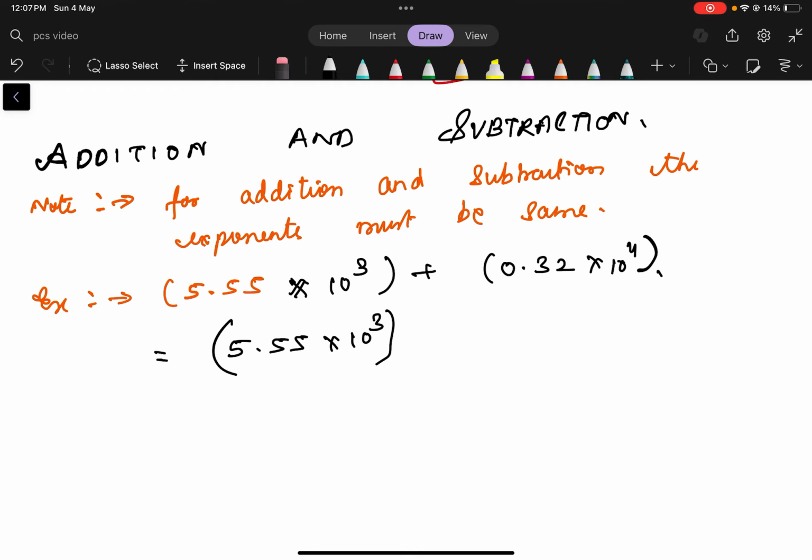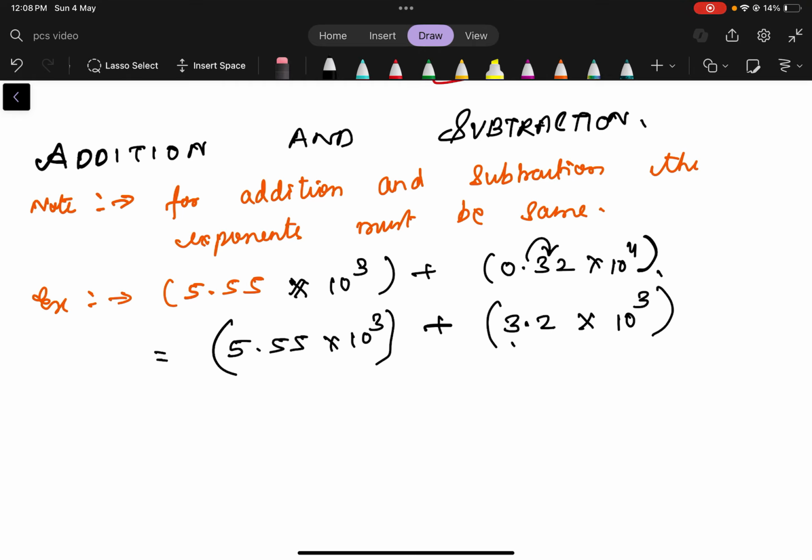Now let us make it in terms of 10 to the power 3. So we shift the decimal to the right. When we shift it to the right, it becomes 3.2 into 10 to the power 3. If we shift to the right, then the power becomes negative.